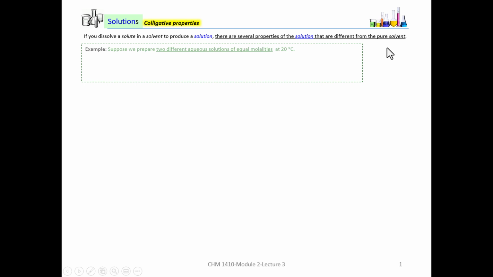If you dissolve a solute in a solvent to produce a solution, there are several properties of the solution that are different from the pure solvent that you used. So, for example, suppose we prepare two different aqueous solutions of equal molalities.